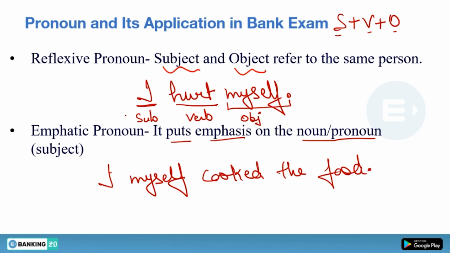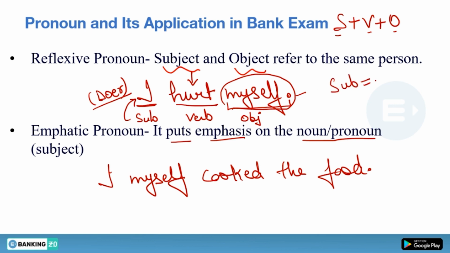So what happens? I is the doer, all right, subject is the doer in this sentence. I is the doer and I is doing something. I hurt, this is the verb, and the action is performing on myself, so this is the object. It means, what do you understand here?